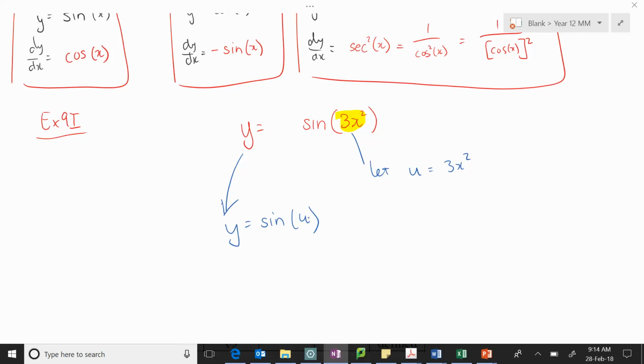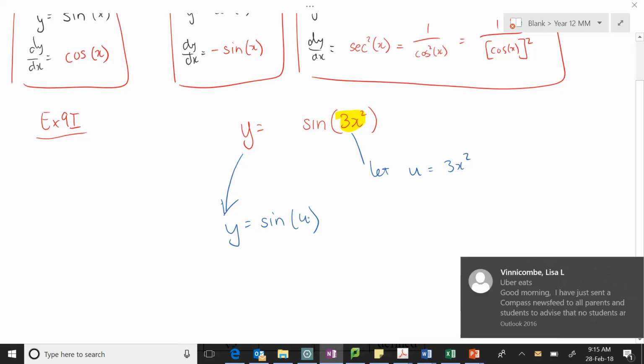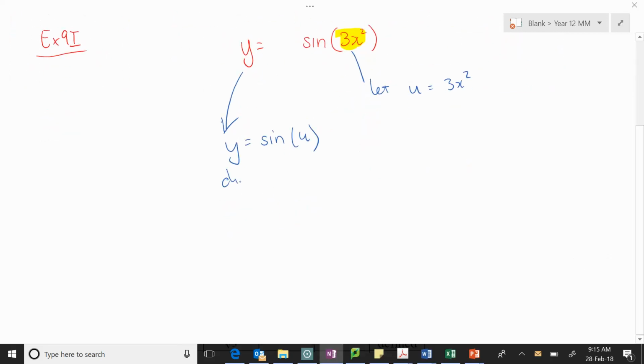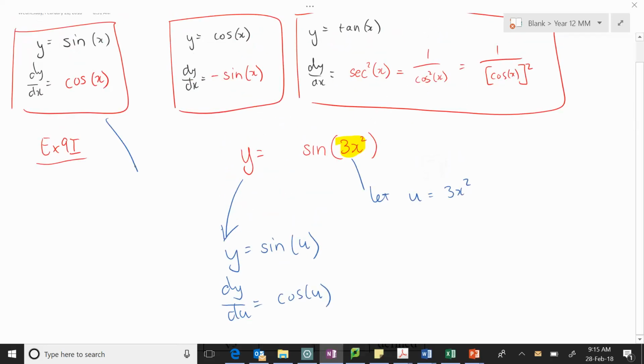That's y equals sine of x versus y equals sine of u. So naturally, dy/dx is cos of x, so then dy/du has to be cos of u. So that's why this is nice, because I can say dy/du must be cos of u based on our rule up here.